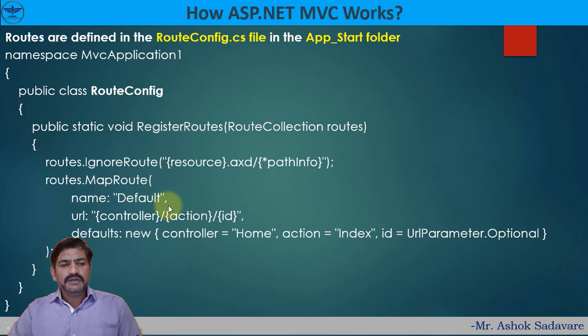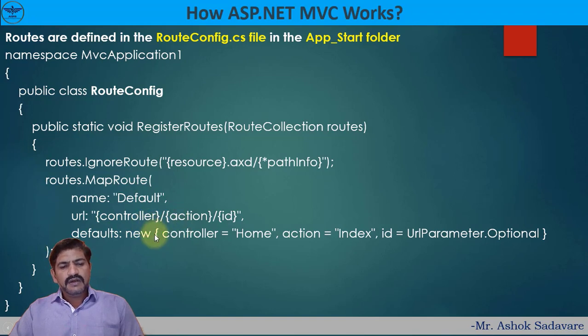First is the name of the route, which is mentioned as default. Then the second parameter is called URL. It specifies the structure of the URL, that is the first segment is a controller, second is an action, and third is an ID. The third parameter specifies the default values of these URL segments.